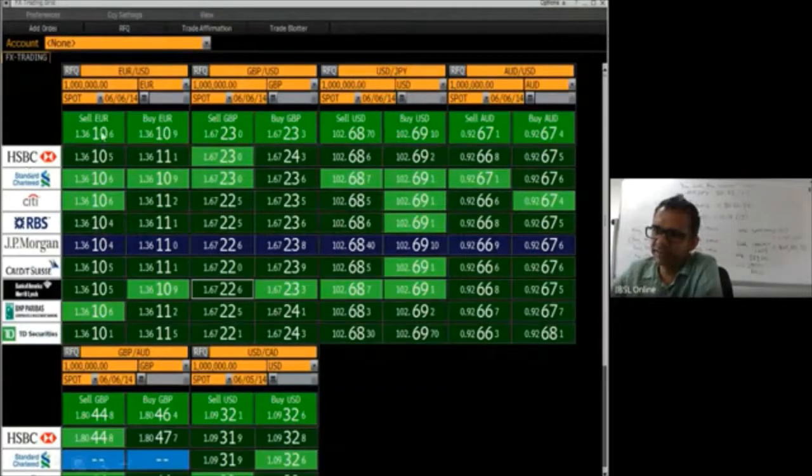However, except for this top row, the other rows are quotes provided by these banks. So all these banks are market makers. As a market taker, what is the best rate for you to buy euro? You are given quotes of all these banks. There are 9 banks. What is the best price for you to buy euro?